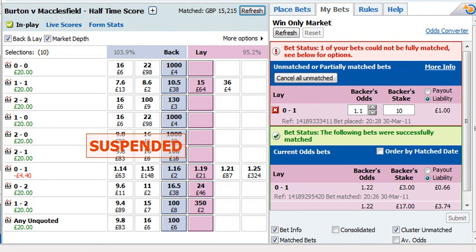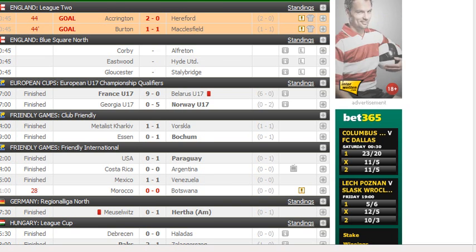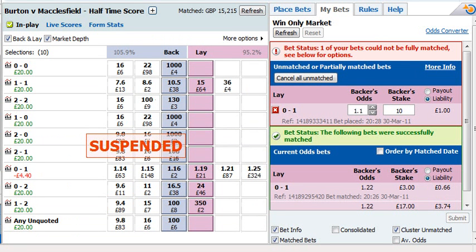And, well, bingo, we can say. About 3 minutes after that lay got matched on the half-time score market very cheaply, it cost me £4, I actually managed to win 20 as Burton equalised in the 45th minute.